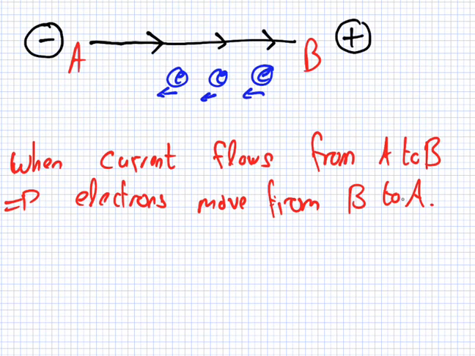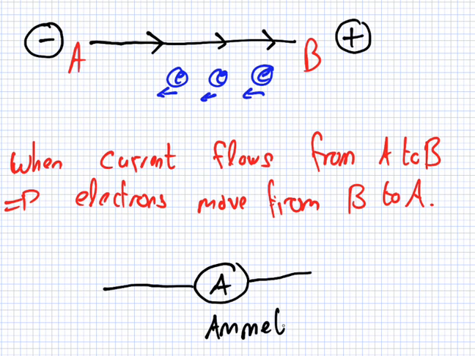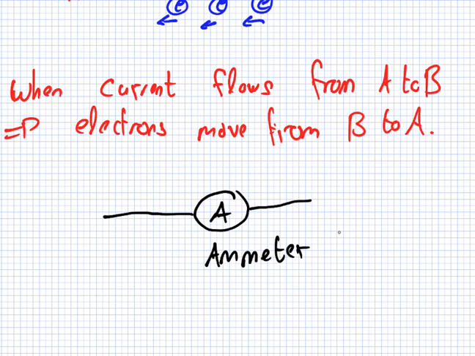So, if you want to measure how much current is going in this wire, you use a machine called an ammeter, and it tells you how much current is moving through it. So this ammeter measures current.